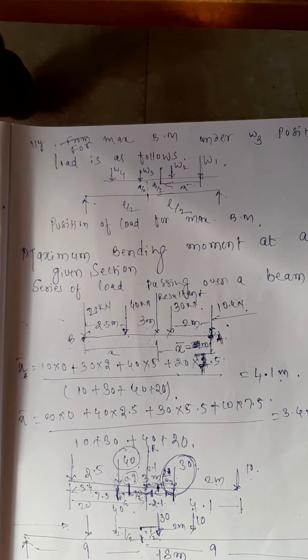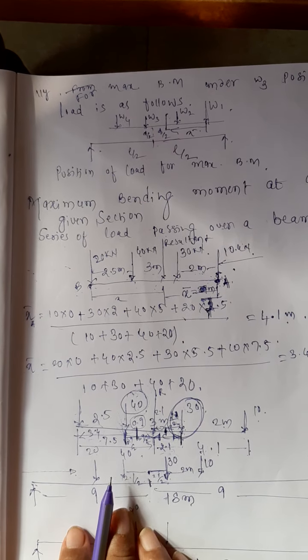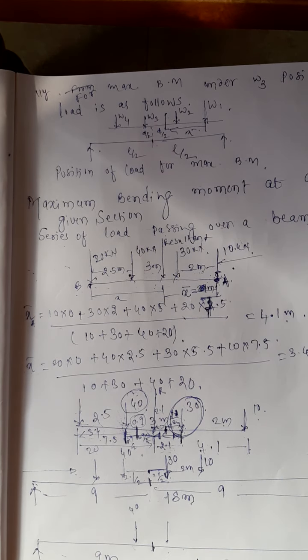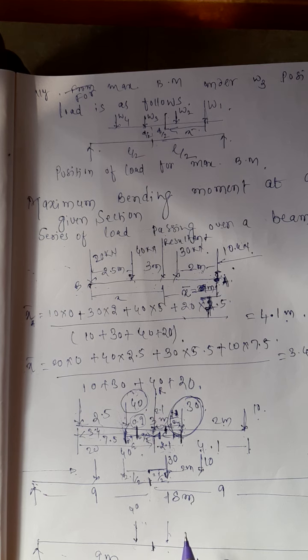Here your center is 9 meter and 9 meter, right? This is the 40 kilonewton, and here is the resultant. The distance between them is 0.9. Therefore, this distance will become equal to 0.45. This distance is also equal to 0.45.